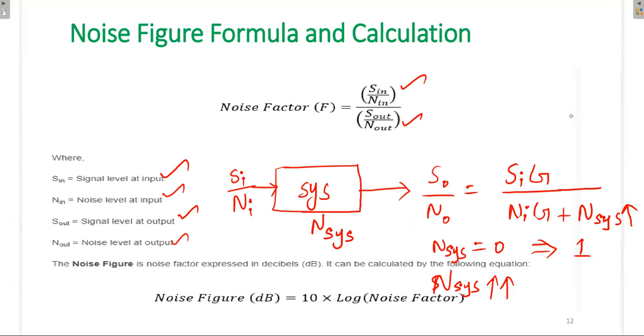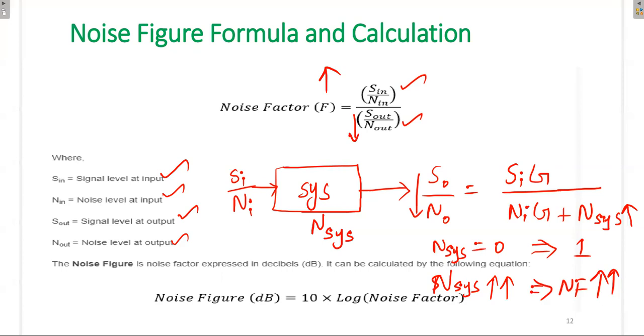When SO by NO decreases, the noise factor will increase. So when N system increases, definitely the noise factor will increase. More the noise added by the system, more will be the noise factor.